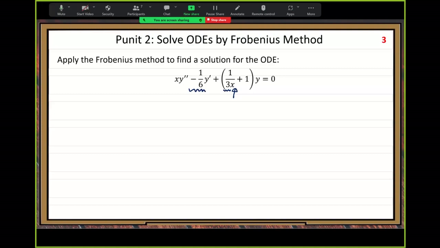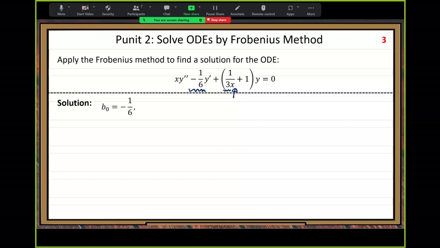Let me go through this one; I do not ask you to practice it. Frobenius method: when you see that equation, we write b0, this coefficient, because we need to solve an equation called the indicial equation.